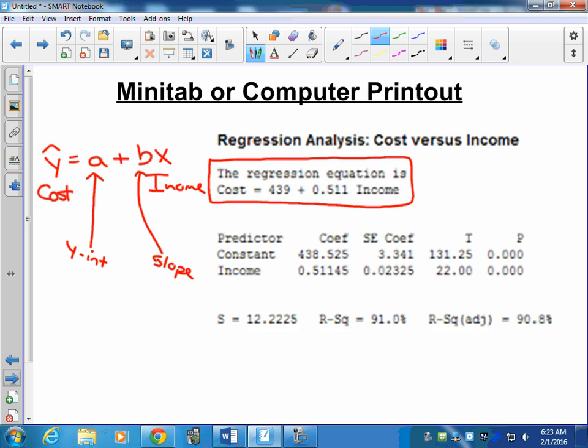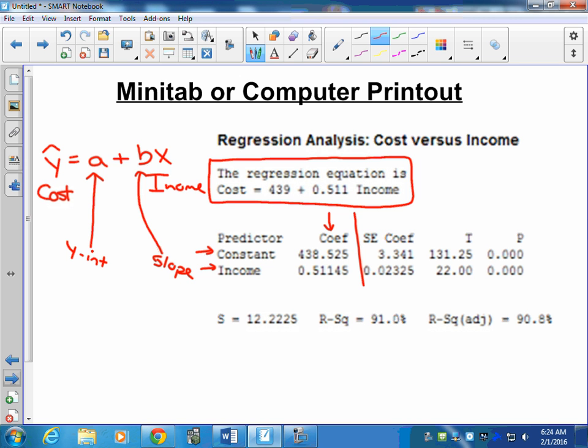So if you look at our headings, we've got constant, we've got coefficient, and then we have income with coefficient. When we look at these columns, right now for this unit, all we need is the first column to build our linear regression equation.